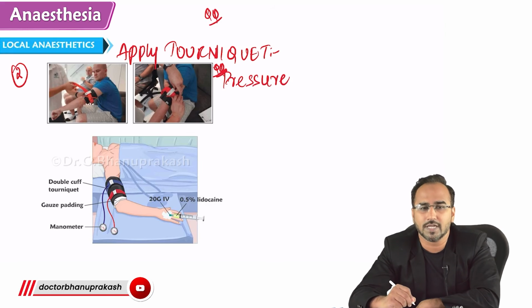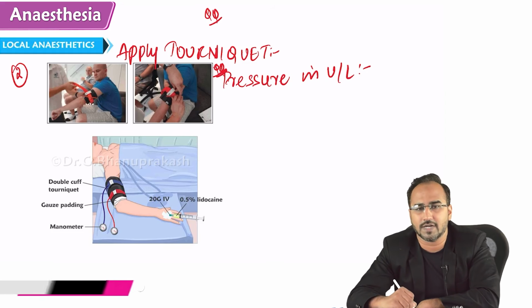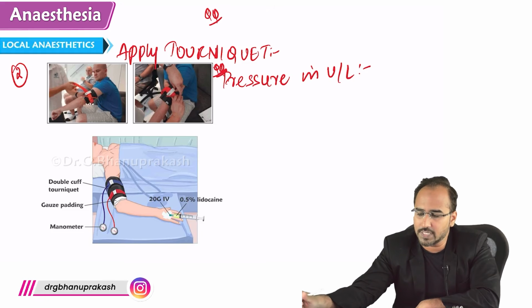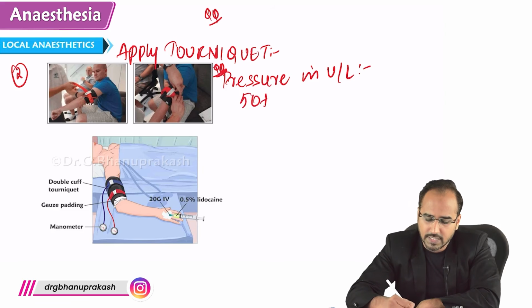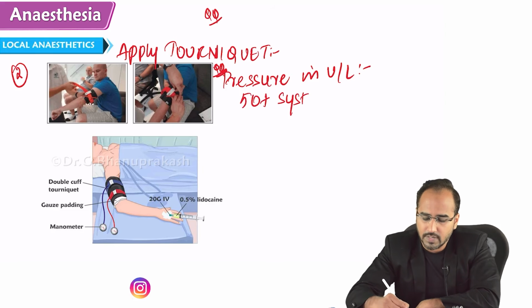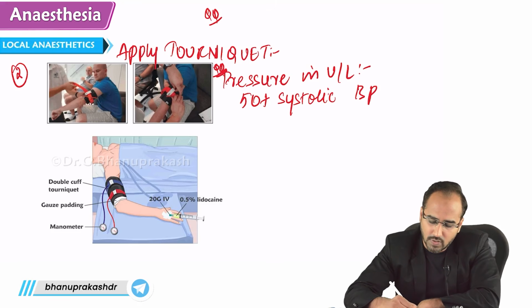In upper limb, the pressure is different, whereas in lower limb, the pressure is different. In upper limb, the pressure of the tourniquet is 50 plus systolic BP. Whereas in lower limb, what's the pressure of the tourniquet?